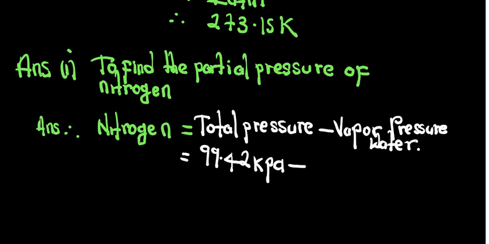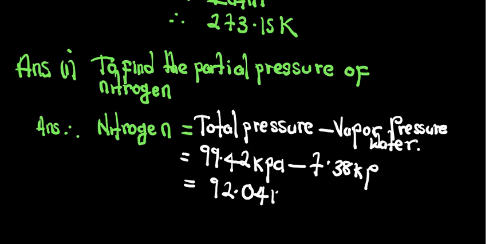When you check in the question, you're going to find that the vapor pressure of water is given as 7.38 kilopascal. And when you find the difference, the answer you're going to get is 92.04 kilopascal. And then you're done with the first part of the question.